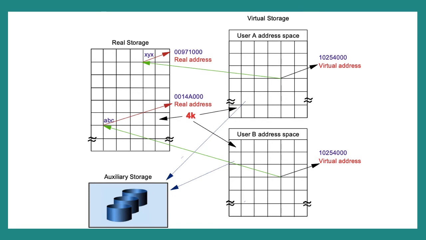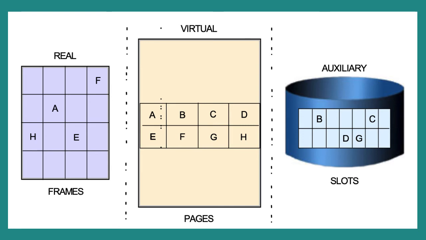The block of central storage is the frame, the block of virtual storage is the page, and the block of auxiliary storage is the slot. A page, a frame, and a slot are all 4 kilobytes in size.